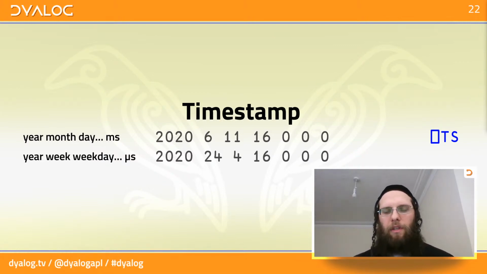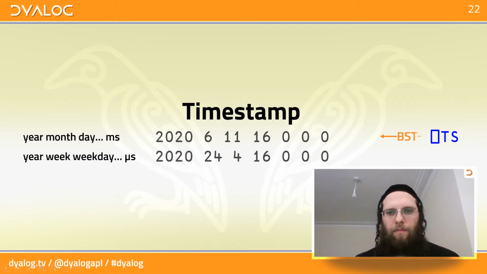It doesn't have to be year, month, day, hour, minute, second, and millisecond. For example, you could replace the milliseconds with microseconds or nanoseconds, or instead of months and days, you could count in weeks and which day of the week it is. So, this is the example of the time, in British Summer Time, when this webinar started.